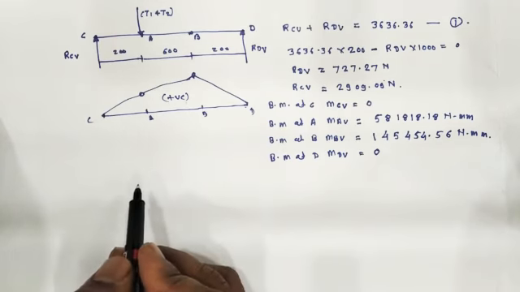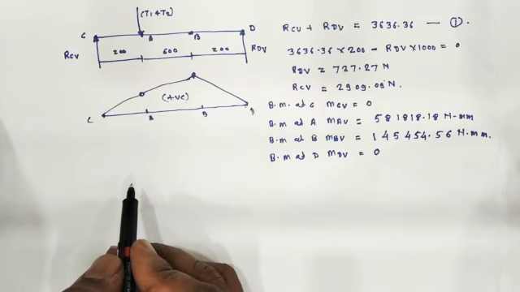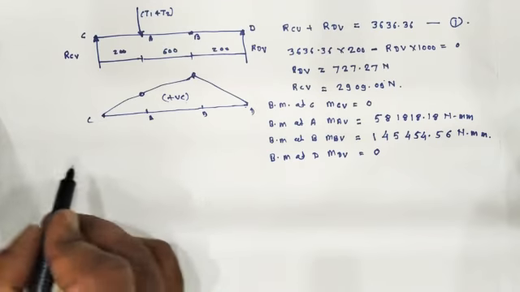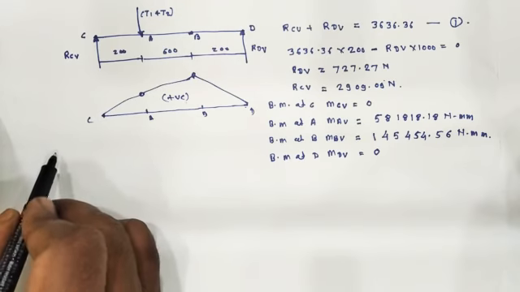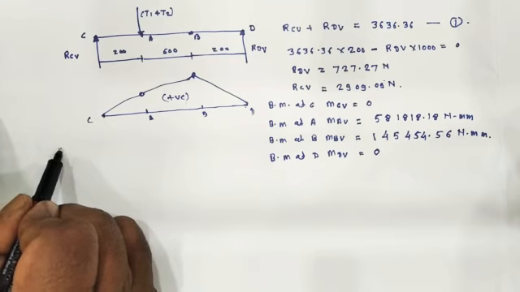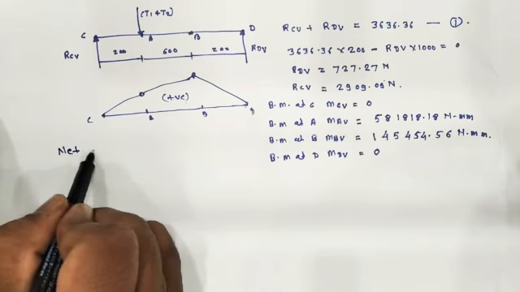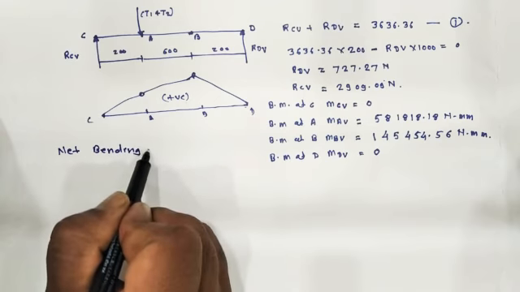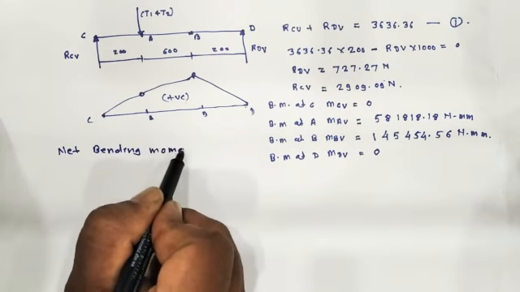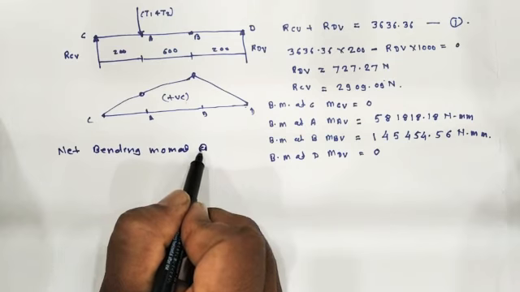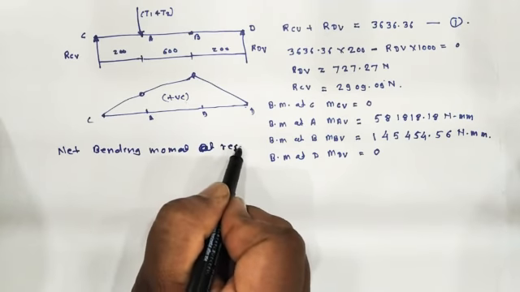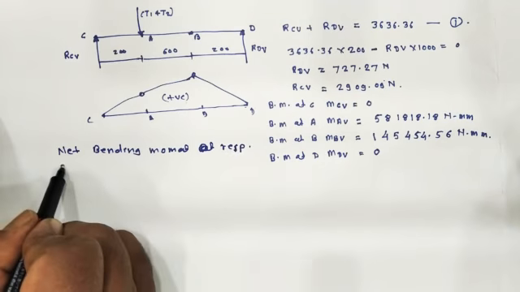So that we can calculate the maximum bending moment, and we are interested in the maximum value of bending moment. So now we have to go for the net bending moment at respective points.